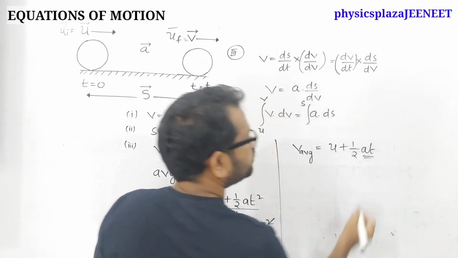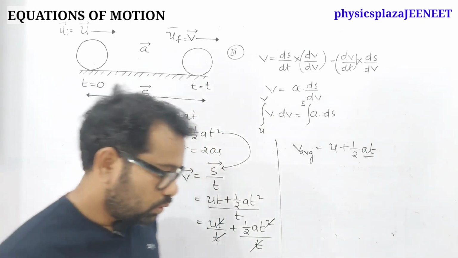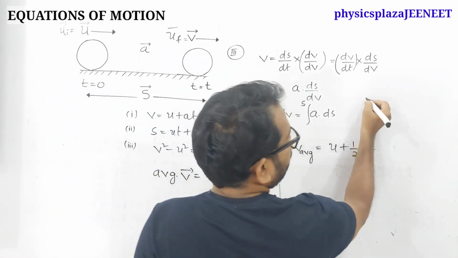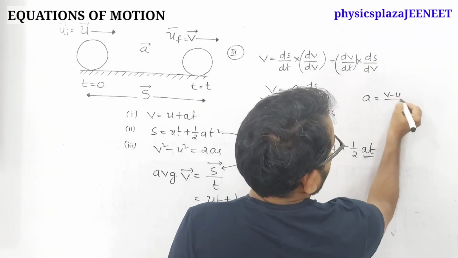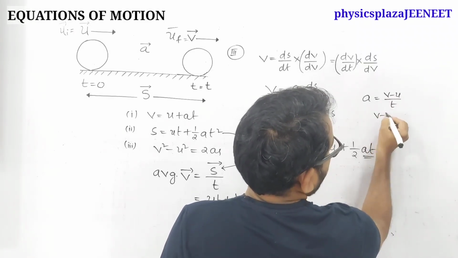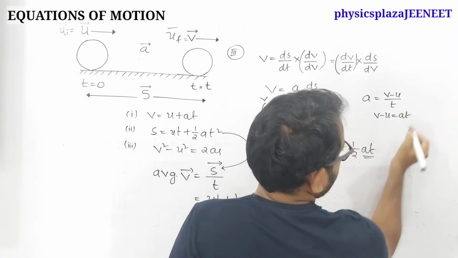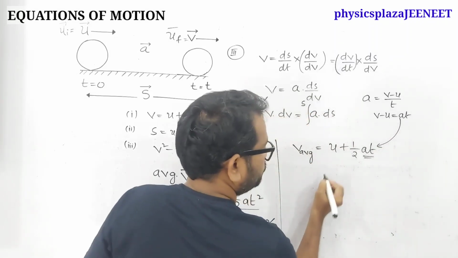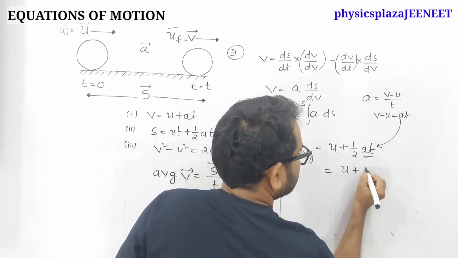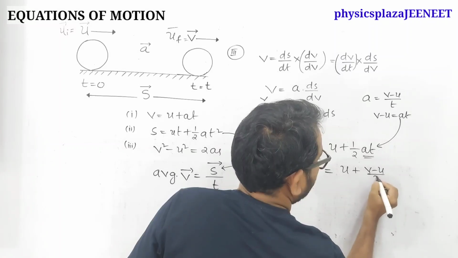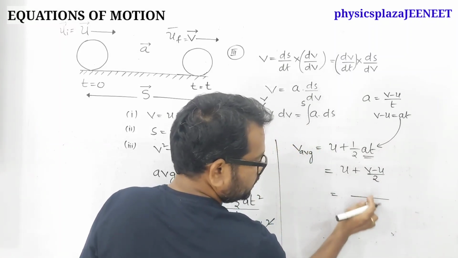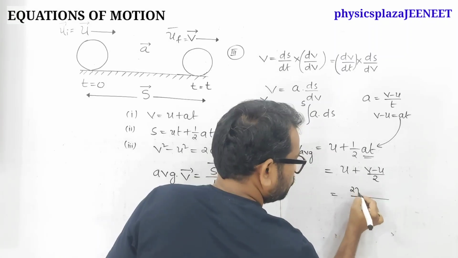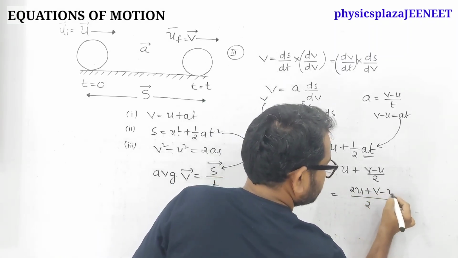But what is half at, children? We know that acceleration is equal to change in velocity by time. So can we write change in velocity is equal to at? Yes, we can substitute here. So this can be u plus (v minus u) by 2. Taking the LCM, it will be 2u plus v minus u.